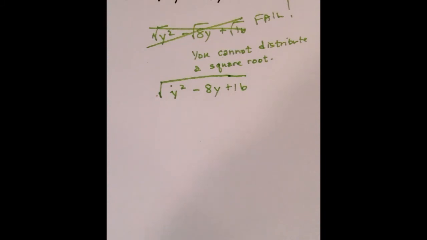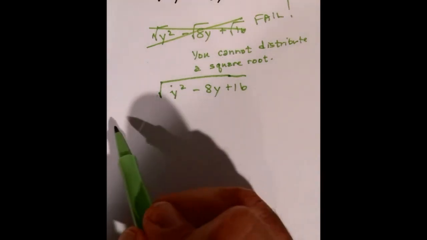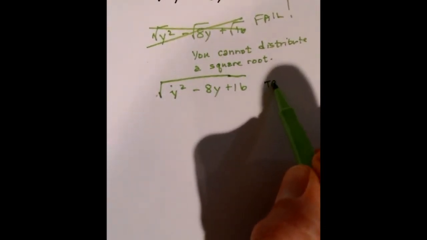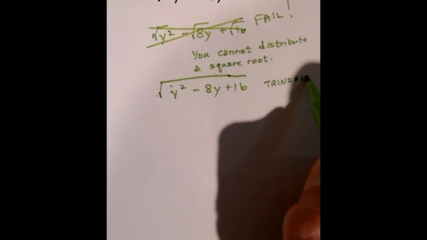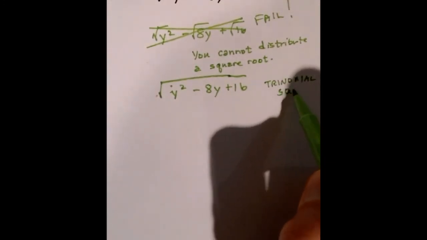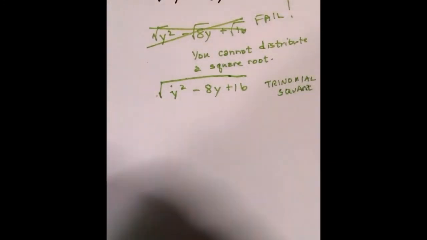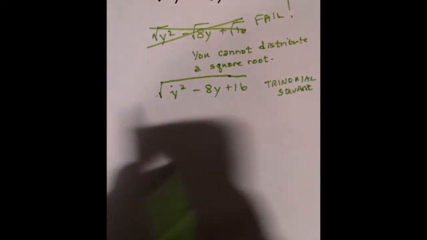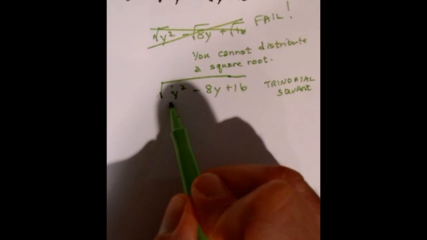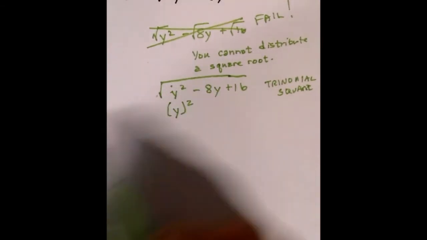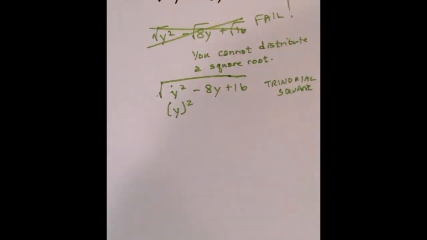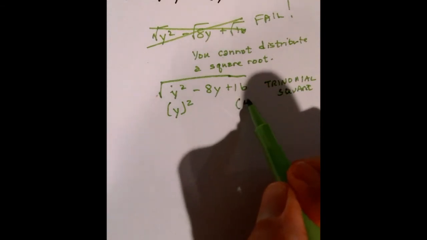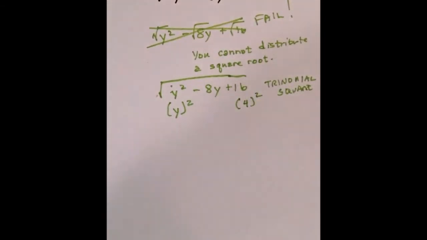Okay? Because it goes back to something we haven't done in quite some time, and that something is a trinomial square. A trinomial square. So, this first number is a perfect square. This last number is a perfect square.